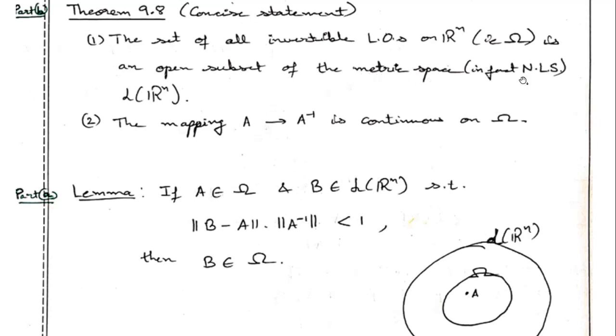So we can write the definition of an open set in terms of distance, that means in terms of metric, and also in terms of norm. Better we will consider the open set definition for L(Rn) in terms of norm, because for this the norm has been defined first.